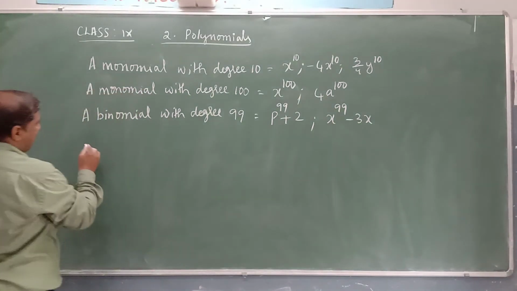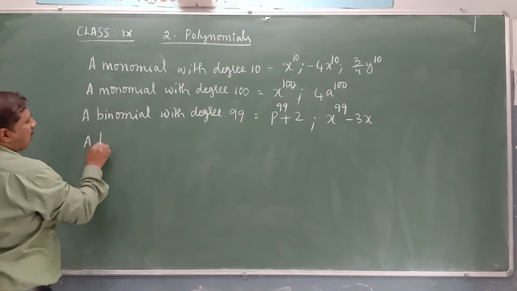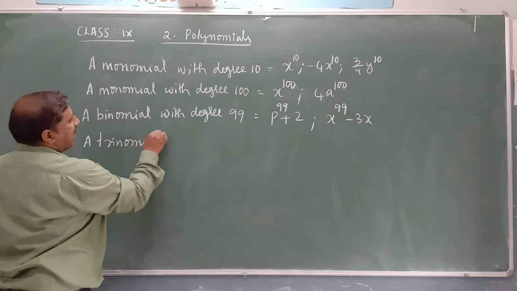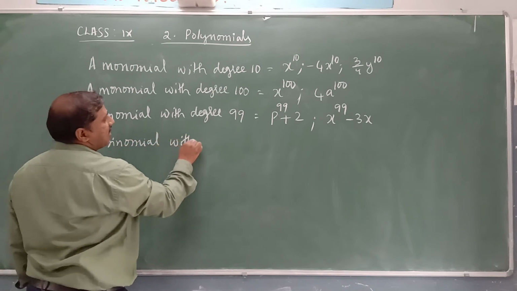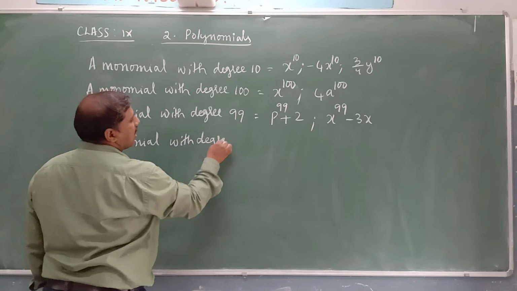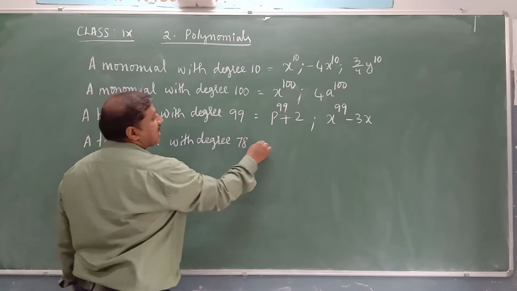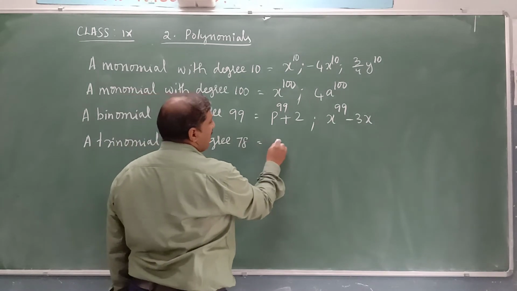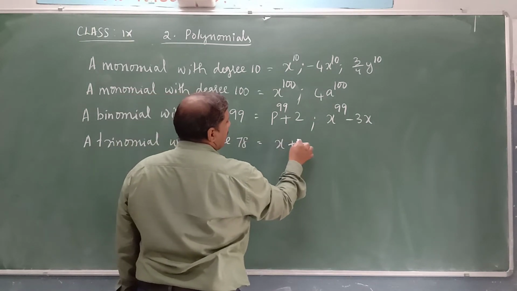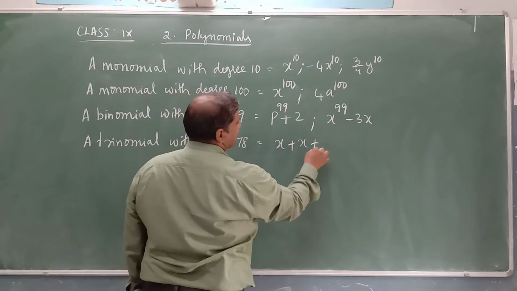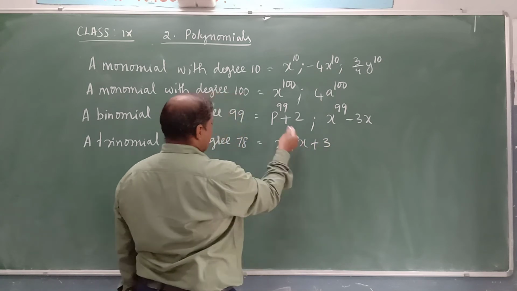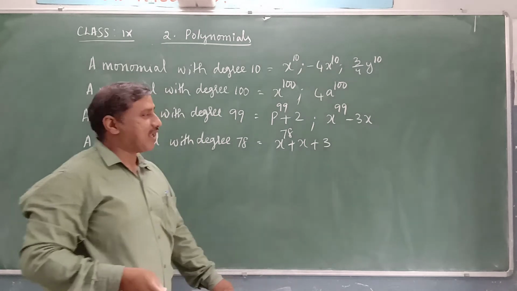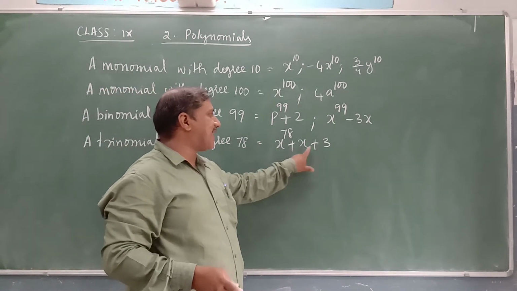We'll see for trinomial. So, a trinomial with degree 78. Trinomial means 3 terms. Write 3 terms with some variable x, x plus 3, and you can keep the power 78. x to the power of 78 plus x plus 3.